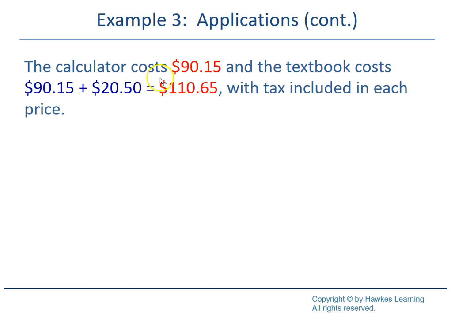Now, of course, if we subtract the cost of the calculator from the total, or in this case, if you add the 2050, this will give you the cost of the textbook. And that completes this. Now, in doing word problems, again, we went through this somewhat quickly.